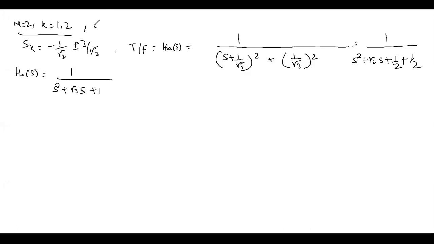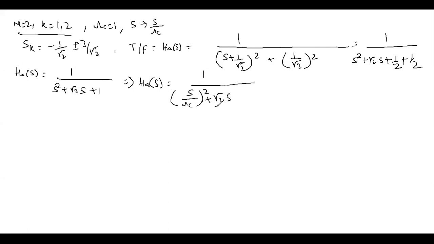Now initially I took this omega c equals 1. Now what to do? Simply replace s by s divided by omega c. Then what is our transfer function? It is 1 divided by (s by omega c) square plus root 2 (s by omega c) plus 1. Then what will we get here?